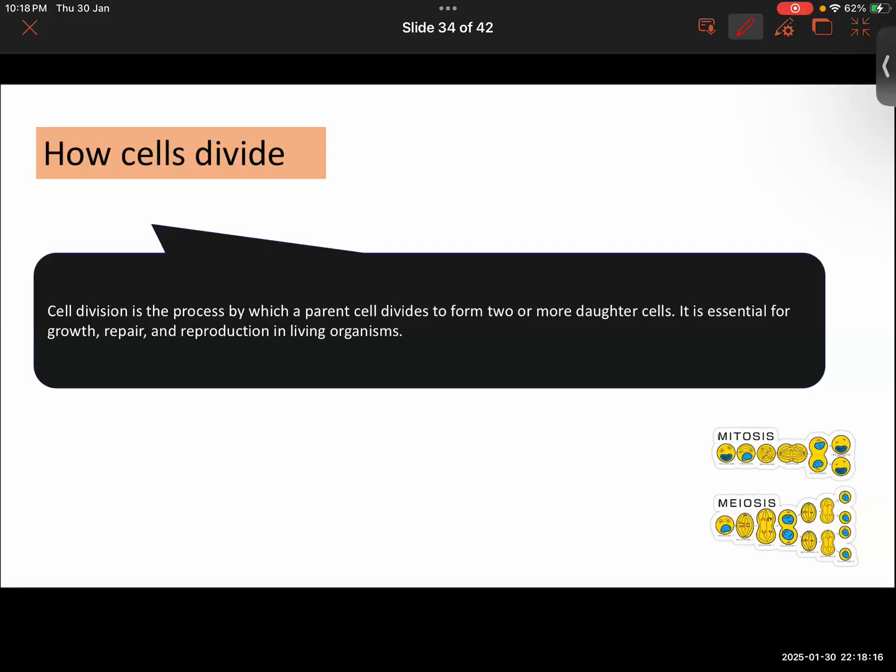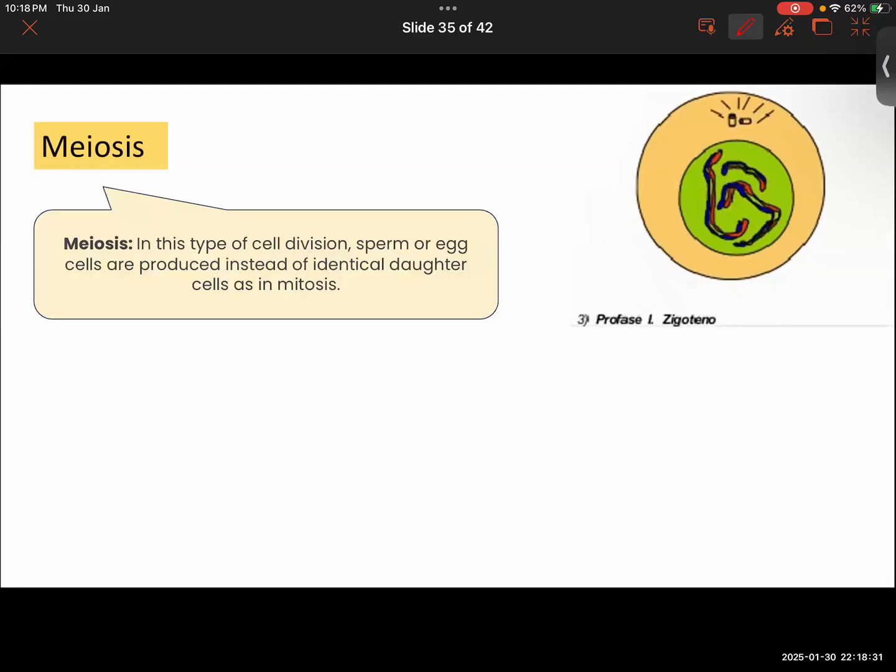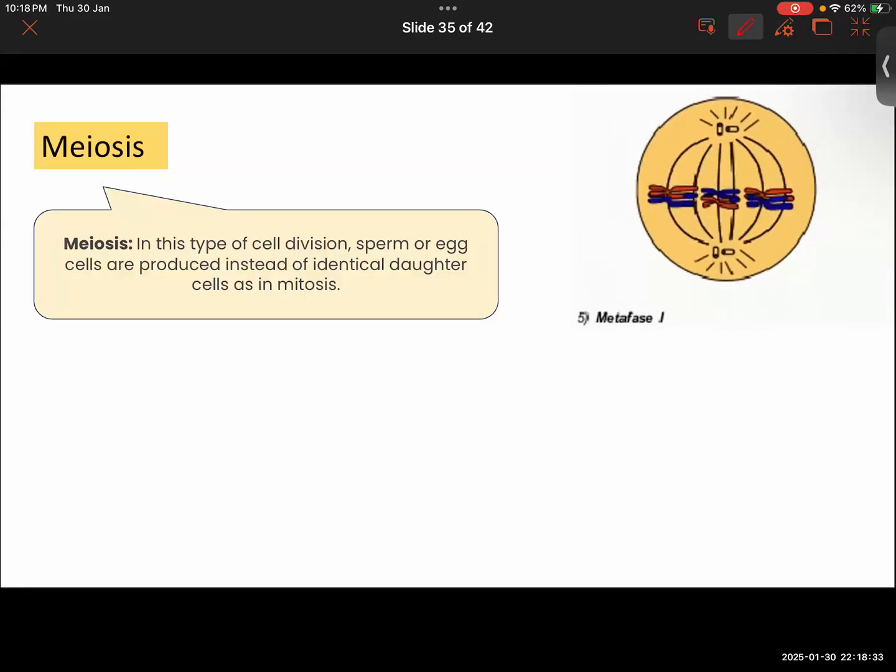If there are some damaged cells, they will be repaired. If new cells have to be formed, it is important. And for reproduction in living organisms also, cell division is the main process. It occurs in two manners. One is called meiosis, another is called mitosis.